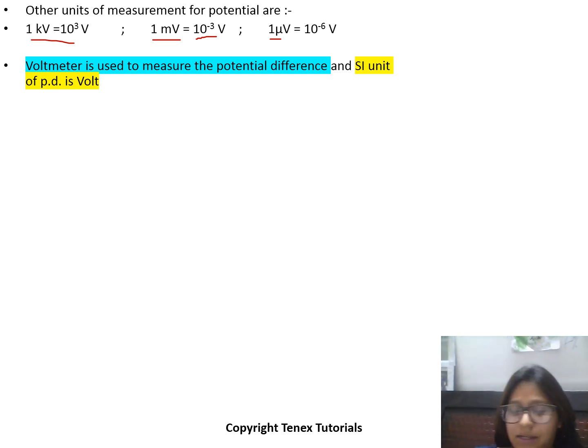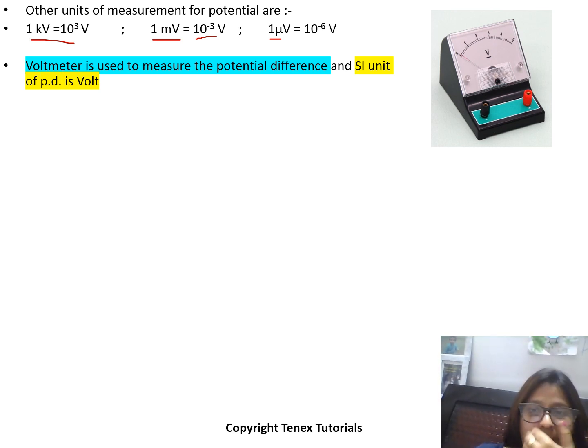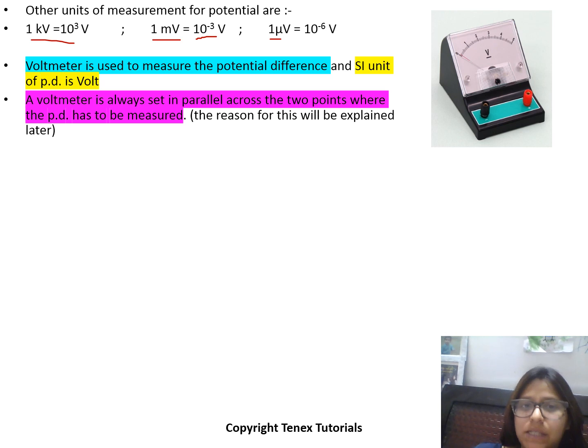There is an instrument which is called a voltmeter, which is used to measure the potential difference. And the SI unit of potential difference is also called volt. Further guys, the voltmeter, you must remember, is always set in parallel across 2 points where the potential difference has to be measured.